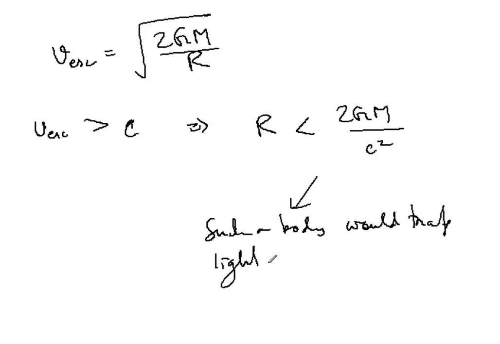Now we are talking about something whose rest mass is 0. So if it can trap light, what about us? Of course we will be trapped, and therefore the body would be dark, right?